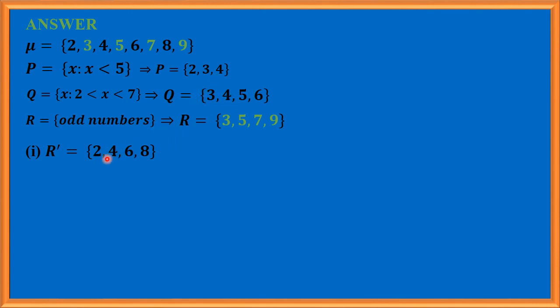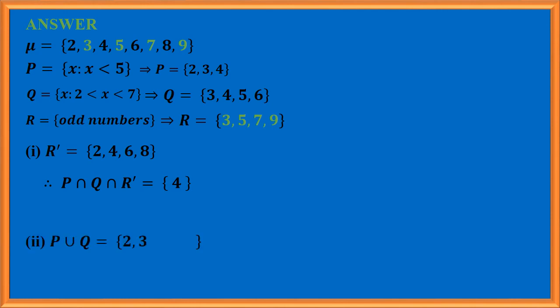So 4 becomes part of P ∩ Q ∩ R'. Can you see that? So P ∩ Q ∩ R' will be equal to 4.